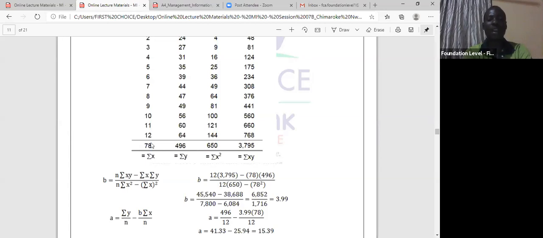So this is sigma x squared. We said that b is gotten first before we get a. So in the equation, if they give you a first, then b under, do the b first because b will be useful here in getting a. If you start with a, you'll be having two unknowns. So if you start with b, you have only one unknown.